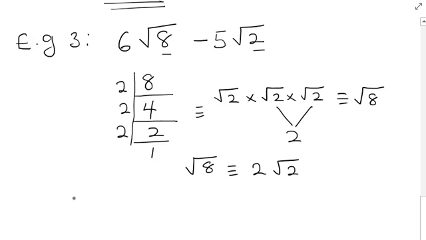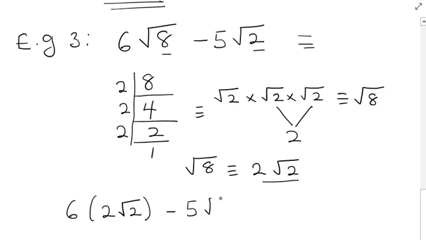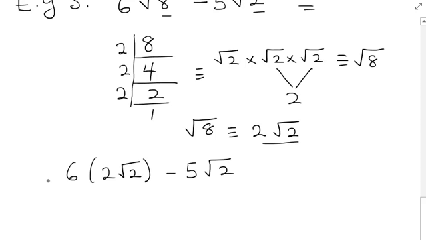Our initial equation up here says 6, then root 8. Root 8 is now 2 root 2. So 6 times 2 root 2 minus 5 root 2. 6 times 2 is 12 root 2 minus 5 root 2.